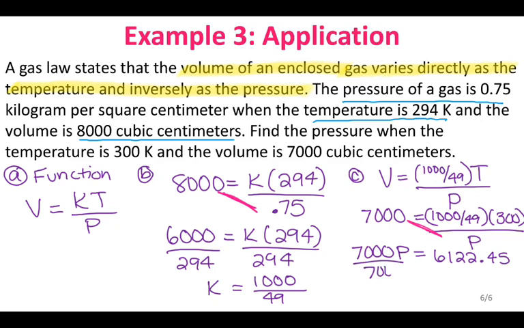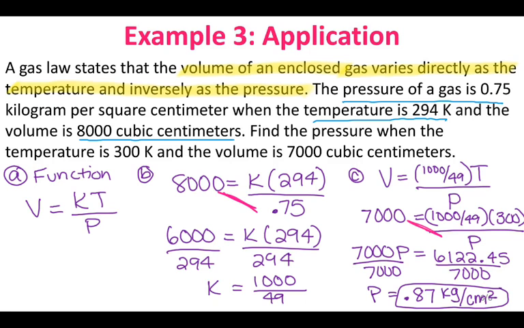Going to divide by 7,000. The pressure is approximately 0.87, and the units for pressure is kilograms per square centimeter. So kilograms per centimeter squared.